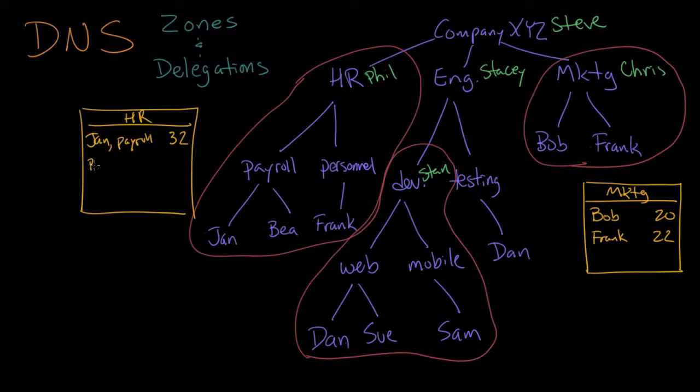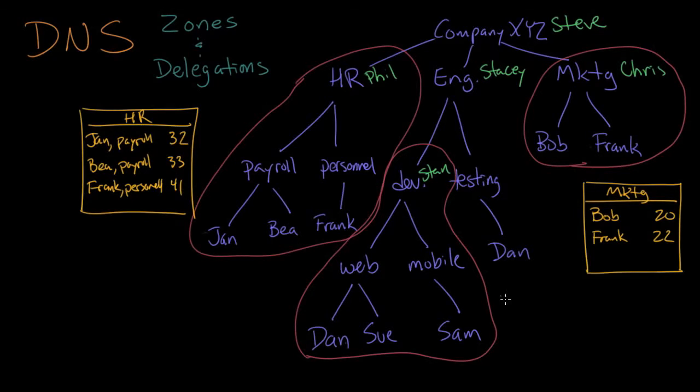Here's B. She also works in payroll. Maybe she's at extension 33. And then Frank here, which is a different Frank from this one over here. That's why we're writing down what department they work in. Personnel. And maybe Frank is at extension 41.